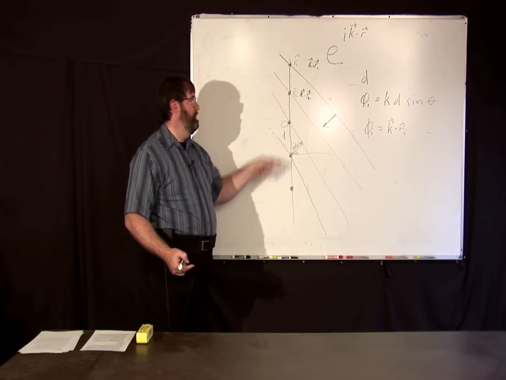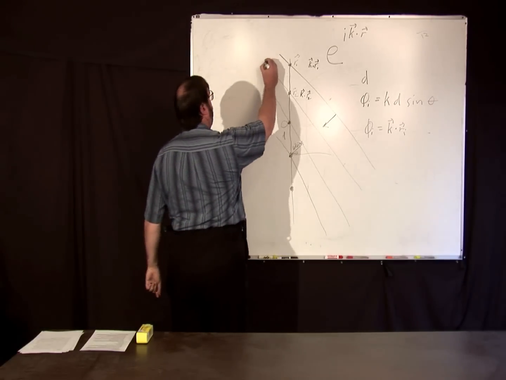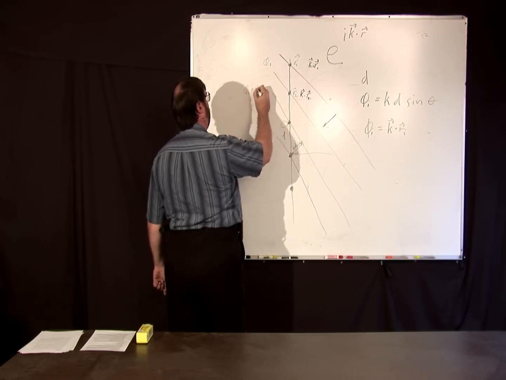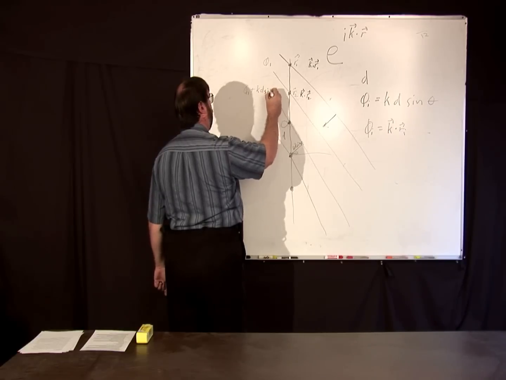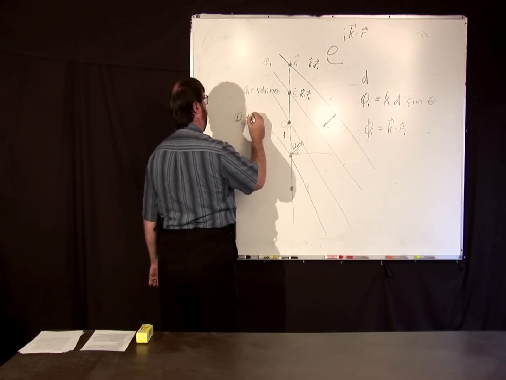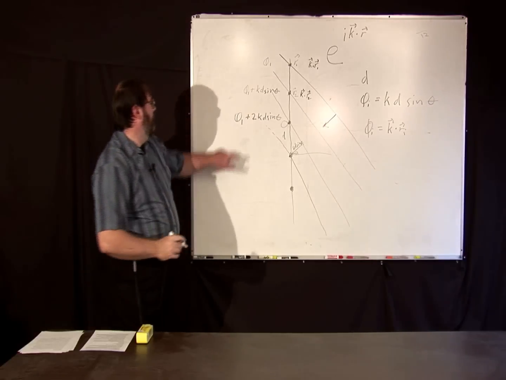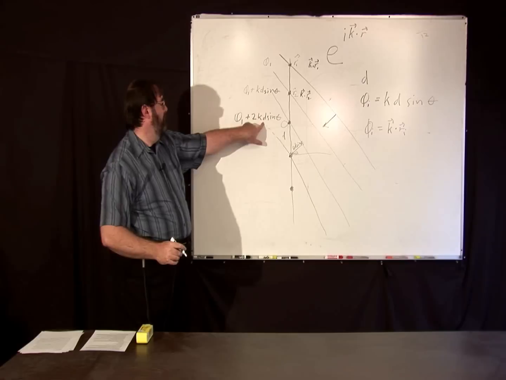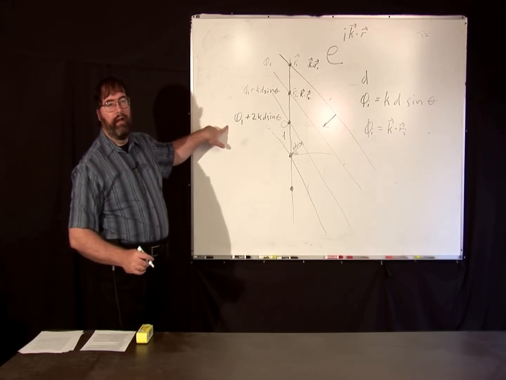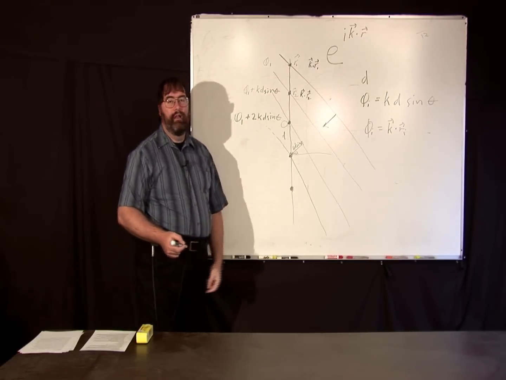Because they all have the same phase if you shift each one by that amount. So this one is at phi 1, whatever phase it is. This one's going to be at phi 1 plus kd sine theta. And this phi 2 is going to be phi 1 plus 2 times kd sine theta, if they're evenly spaced, etc. So if you subtract this amount from each of the elements by shifting the phase, they're all going to be the same phase, and they're going to add in phase, and you're going to get a gain over by the number of elements.